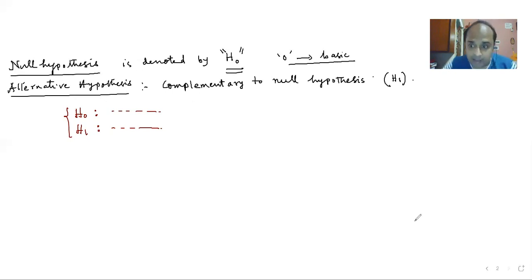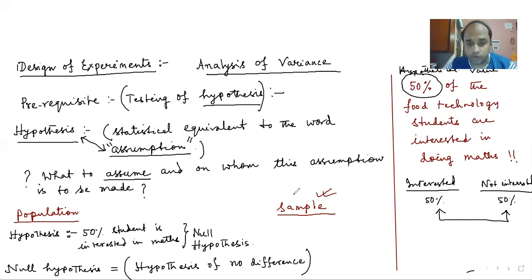And then comes the sample. After designing my hypothesis, we select a sample from the population. Now the question is, from where do we select the sample?